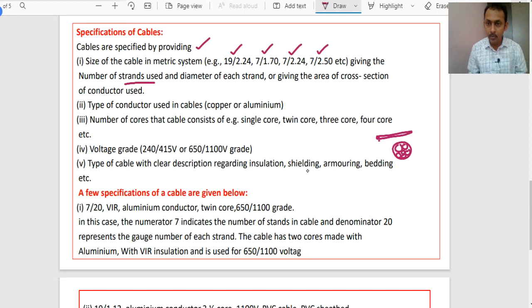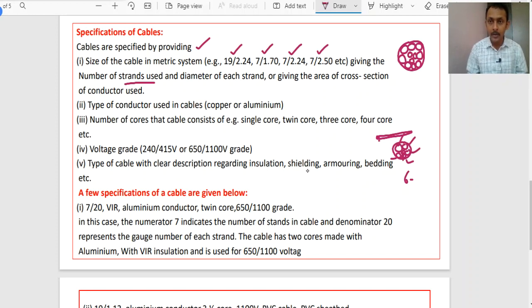If you have a conductor like this, it will again internally have strands. For example, here 1, 2, 3, 4, 5, 6 strands we have, right? Like this, if you have one single conductor, again it is made up of a group of small conductors, and each conductor will have its own diameter.